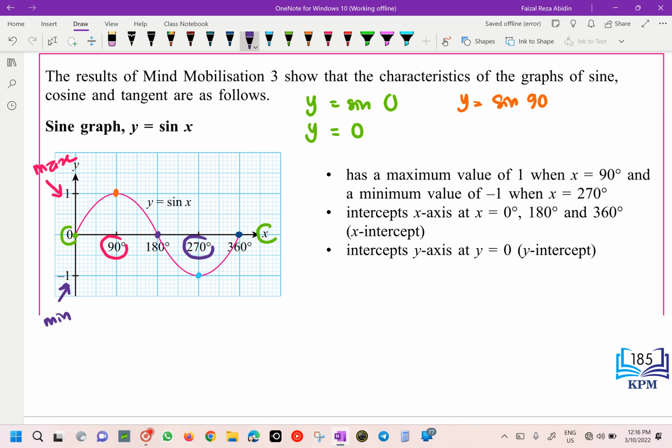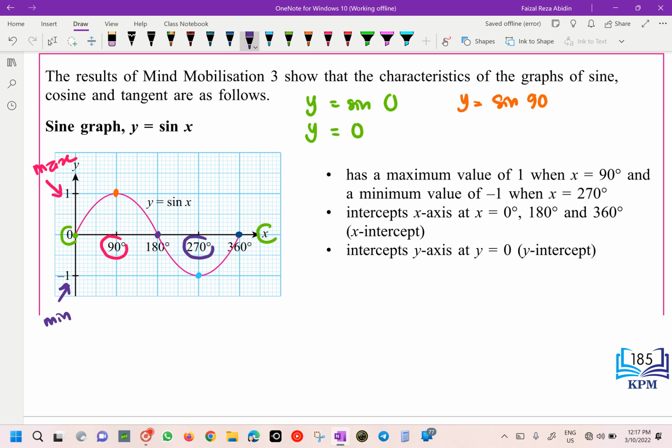Can? Okay, this one you can look into your Nilam book. If you look in your Nilam book, page 131, the example given over there is our sine graph. Okay, example only, right? So we are going to plot to get our sine graph over here.